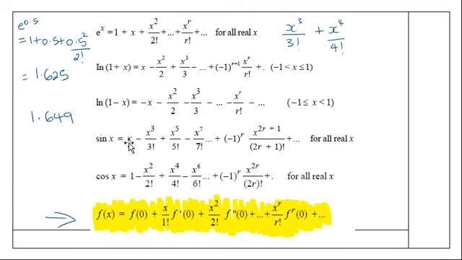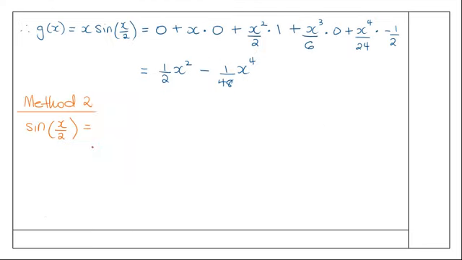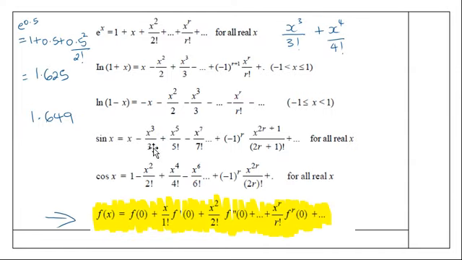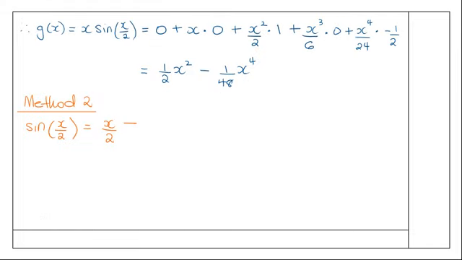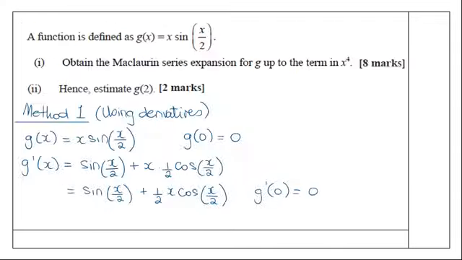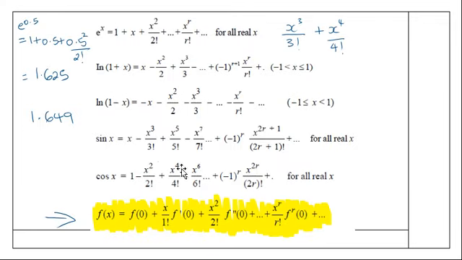So we're going to have, replacing this x with x over 2, minus, then we're going to have this x replaced with x over 2. So we're going to have x over 2 cubed, and that is going to be over 3 factorial.